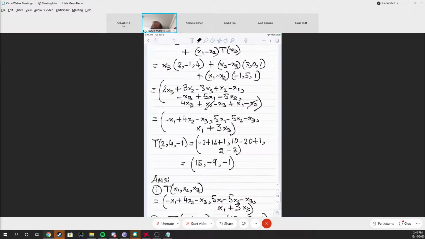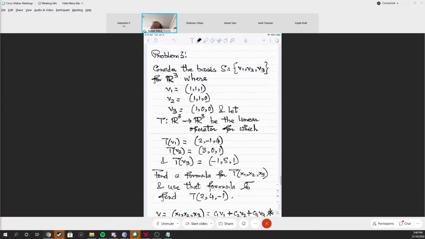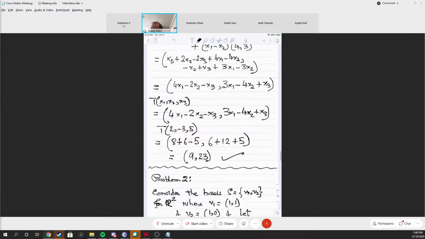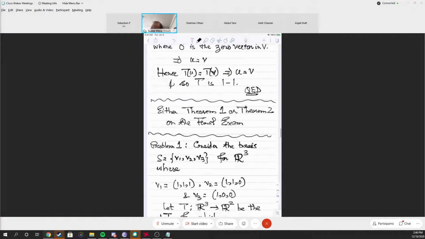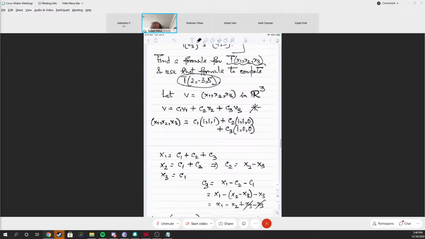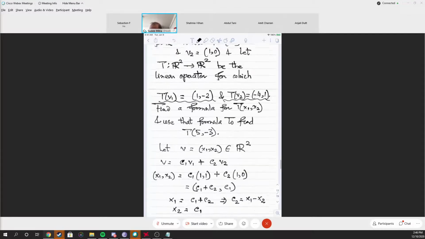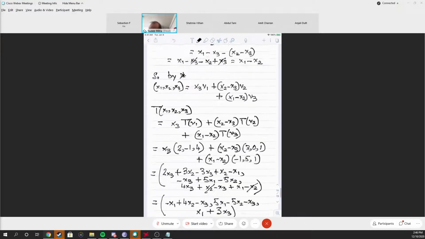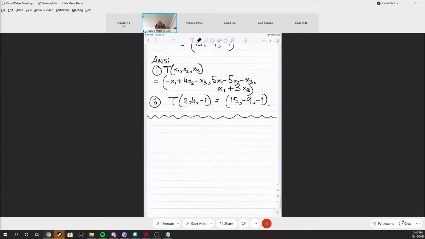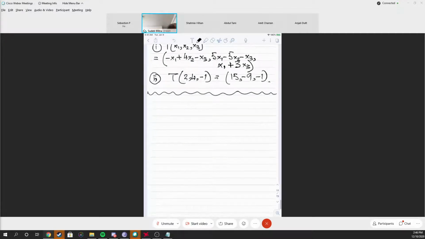From linear transformations, you will get either theorem 1 or theorem 2, and one problem exactly like this. Going back to Shania's question, exactly similar. Got it?